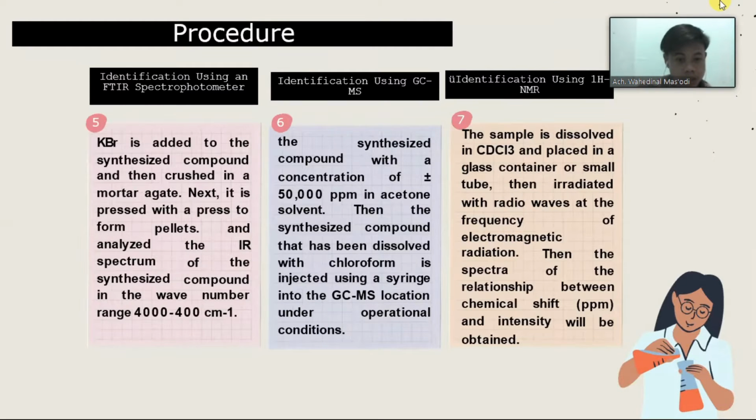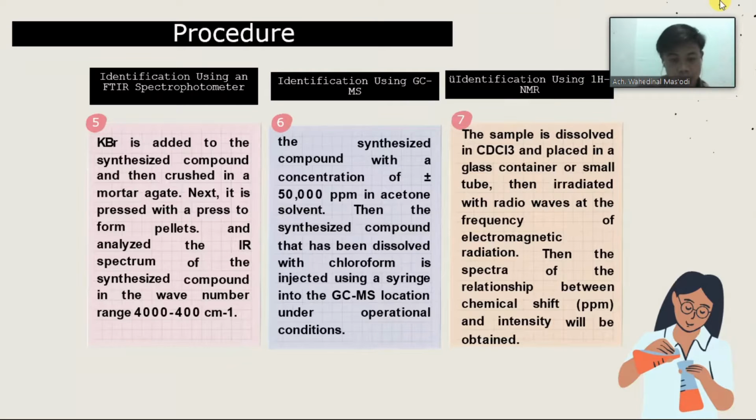Identification using FTIR spectroscopy: analysis of the infrared spectrum of the compound in the wave number range 4,000 until 400 per centimeter.